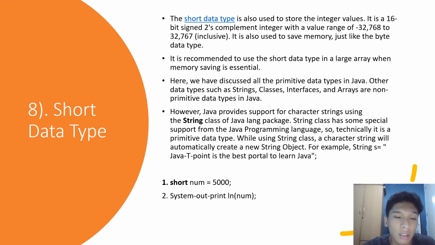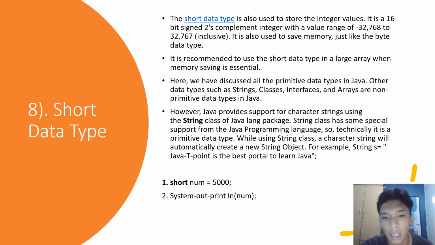Here, we have discussed all the primitive data types in Java. Other data types such as strings, classes, interfaces, and arrays are non-primitive data types in Java. However, Java provides support for character strings using the String class of the java.lang package. The String class has some special support from the Java programming language, so it is sometimes treated like a primitive data type.